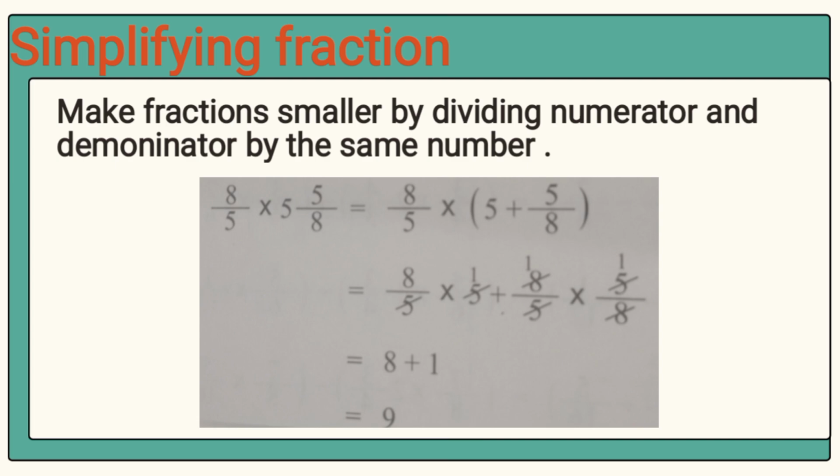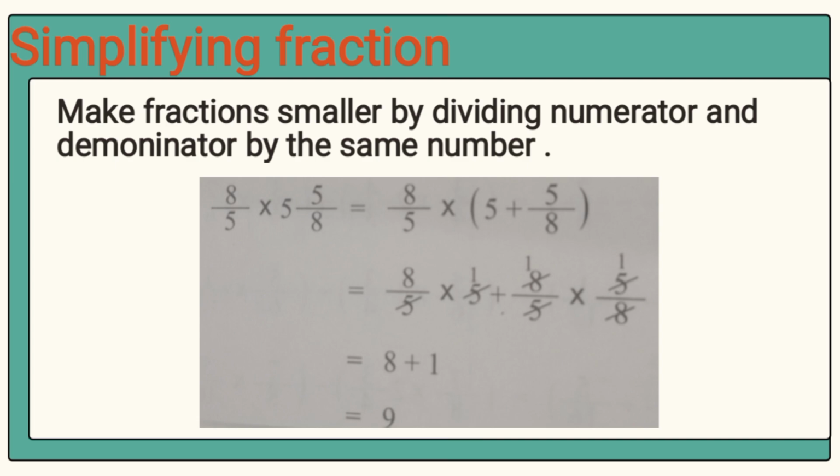Then 5 is the same, so we cancel it by 1, and 8 is the same, so we cancel it by 1. Then our value is 1. When we multiply 8 with 1, the answer is 8, and 1 times 1, the answer is 1.